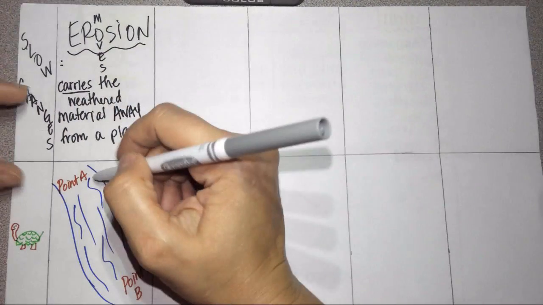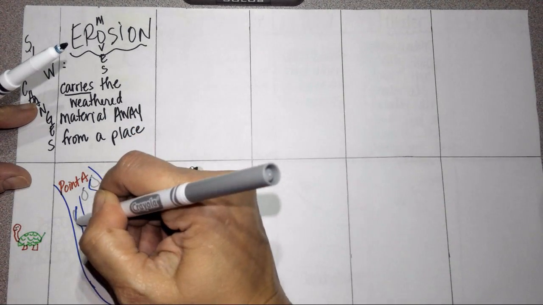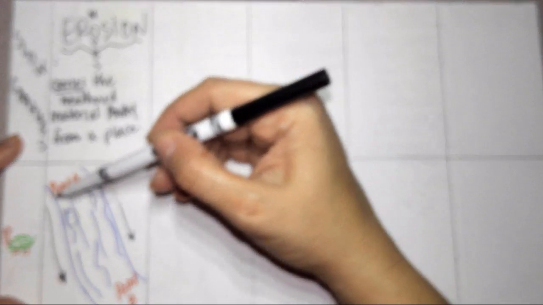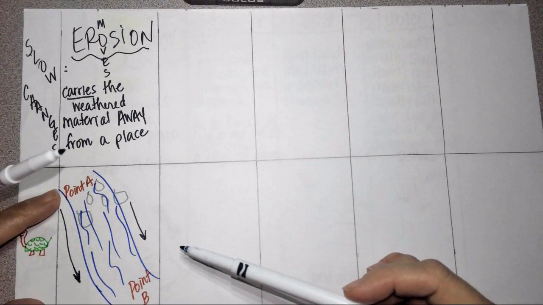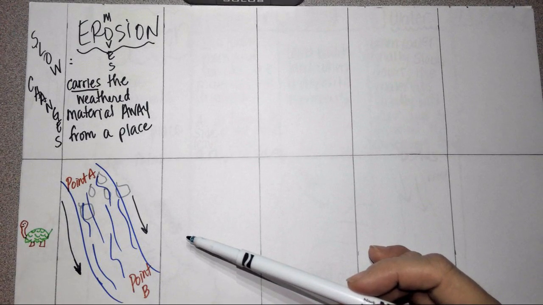So if I have these rocks up here, and my river is flowing, my rocks are going to go from point A as the river flows down to point B, right? So I'm moving from one point to the next. Good job.